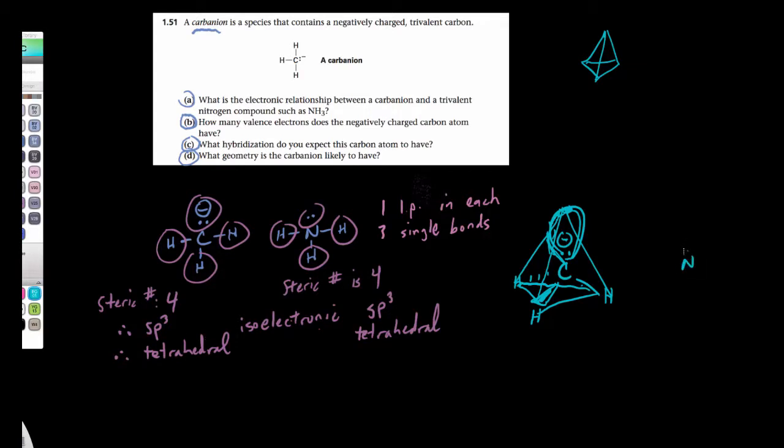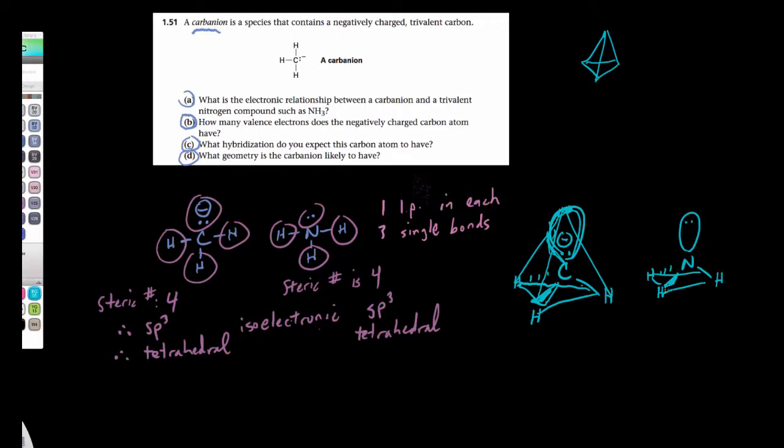Nitrogen in ammonia, it's the same thing. It's got this sort of pyramidal shape. And sometimes people like to think of nitrogen as just, if you ignore the lone pair, you're still going to see the hydrogen atoms in this sort of tripod arrangement.